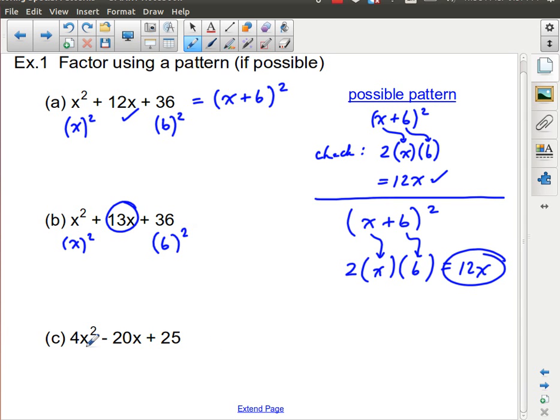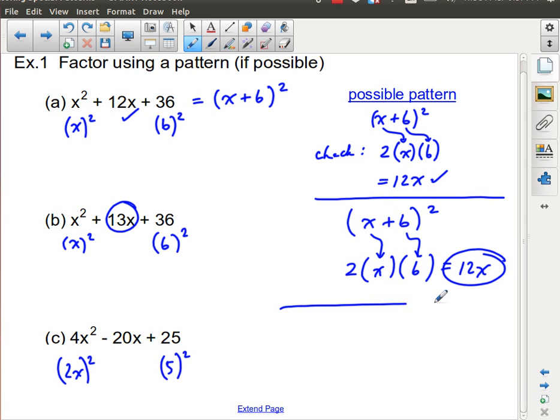And finally, a little bit more involved here, and now hopefully you'll see why I was suggesting that you put these brackets. What am I squaring here? I'm squaring 2x, all squared. 2x times 2x is 4x squared. What am I squaring here? 5.